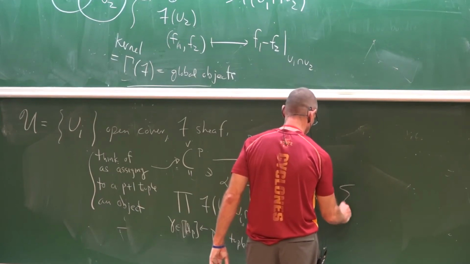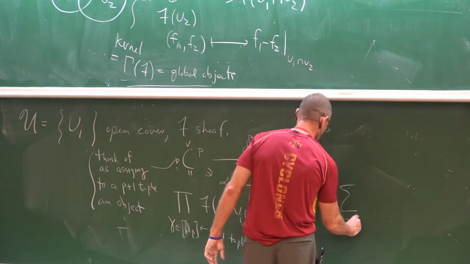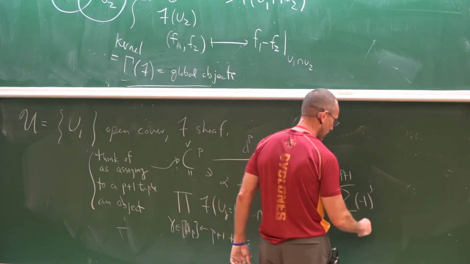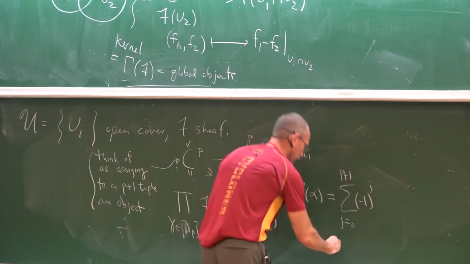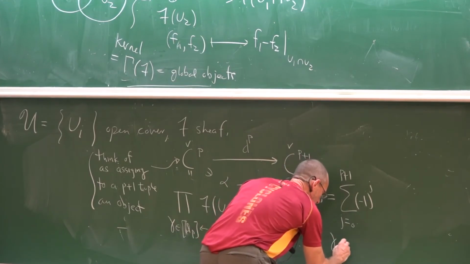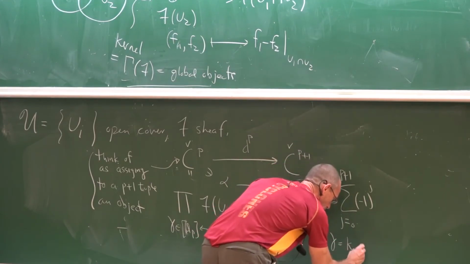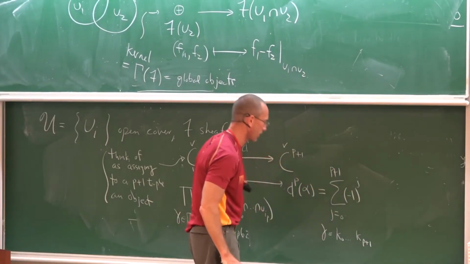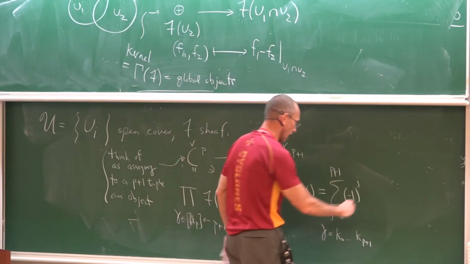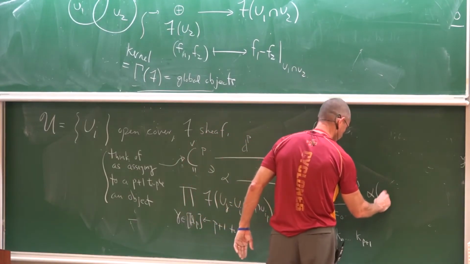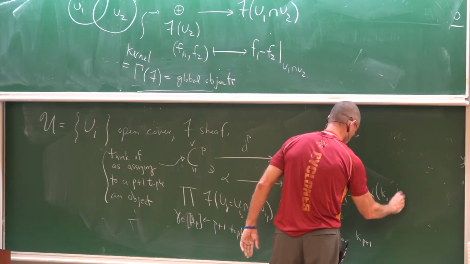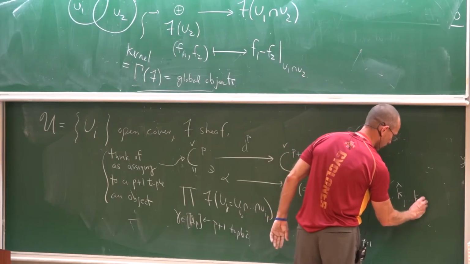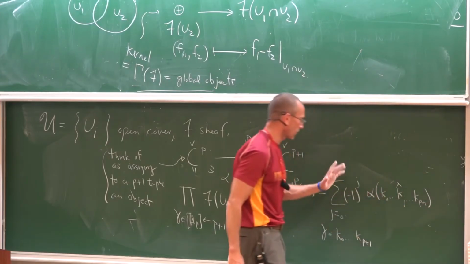It's going to be an alternating sum, j equals 0 to p+1, of (-1)^j. I've got some gamma that's a p+2 tuple, gamma equals k_0 up through k_{p+1}, and what I do is I take alpha of k_0 up through k_j, leave it out, up to k_{p+1}.